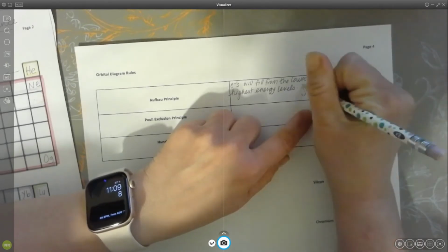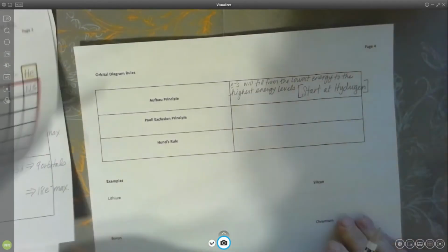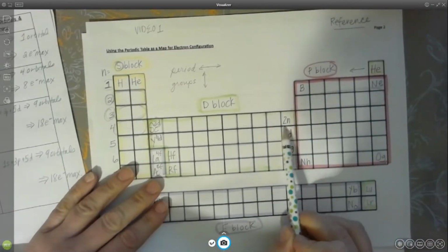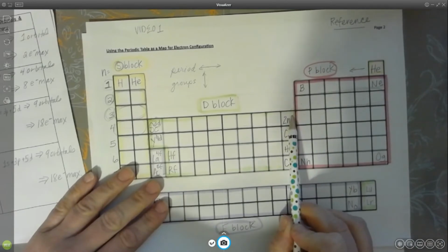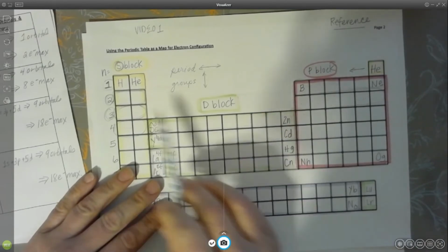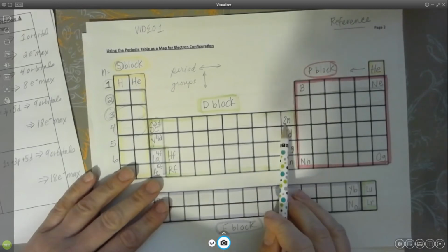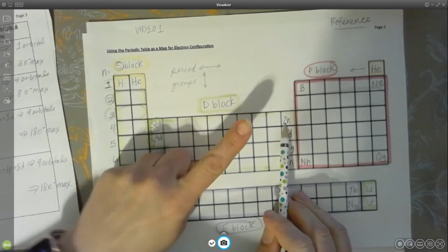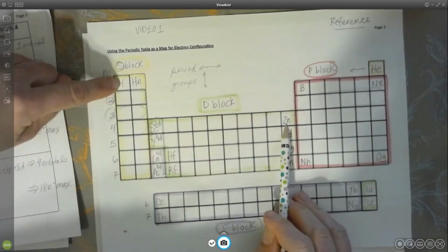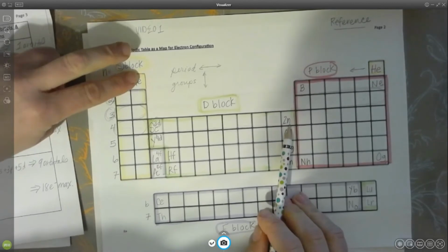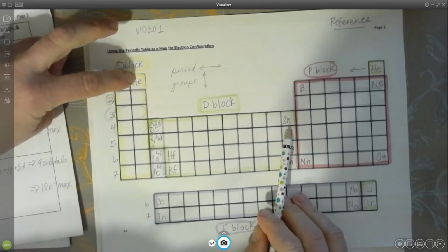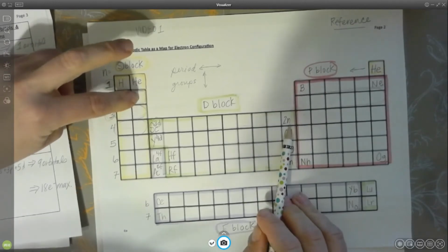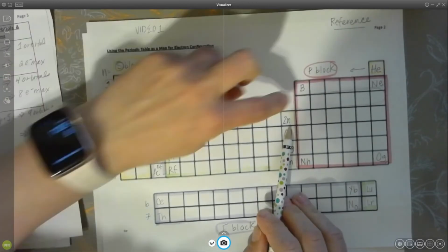So this is kind of a cool thing about the periodic table. If you want to describe all of the electrons that are found in zinc, there's a whole bunch of them leading up to zinc. But you start with its first electron, represented by the space where hydrogen is, and its second electron is represented by the space where helium is, and its third by lithium, its fourth by beryllium, its fifth by boron.